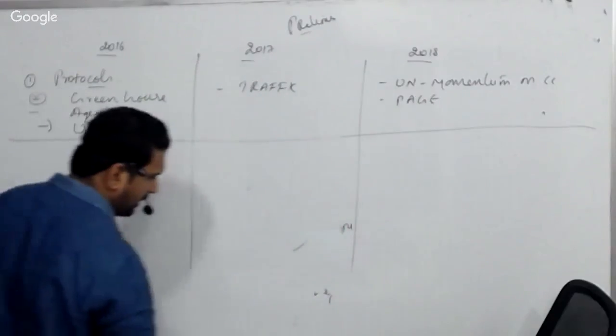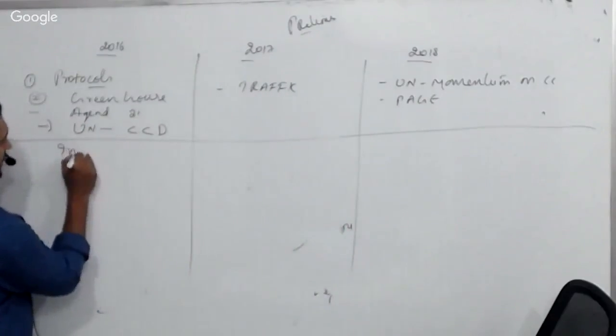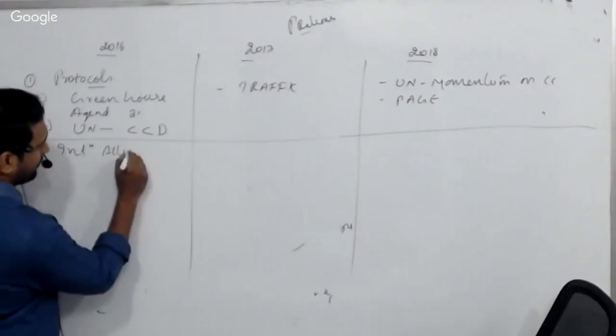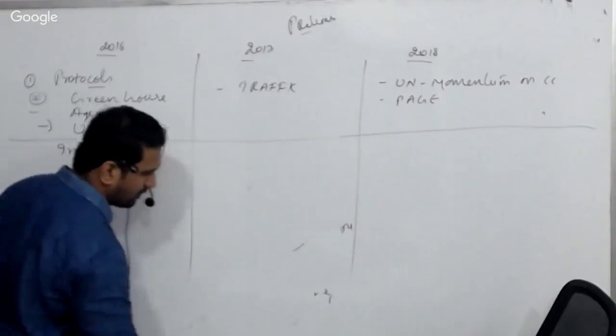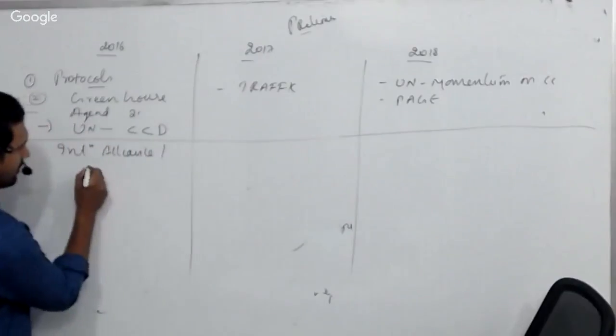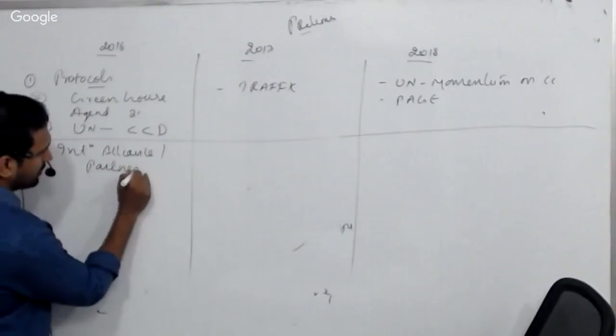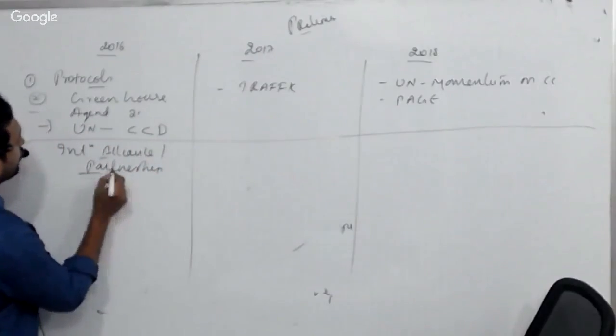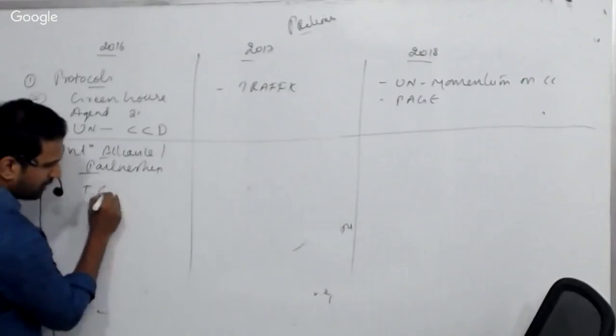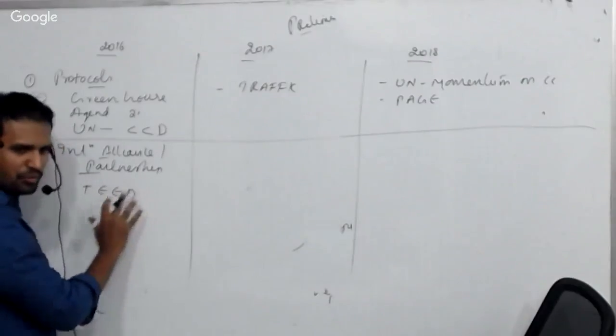The next topic is international alliances, or international partnerships. In 2016 there was a question on TEEB, an international alliance; I don't want to go into detail.